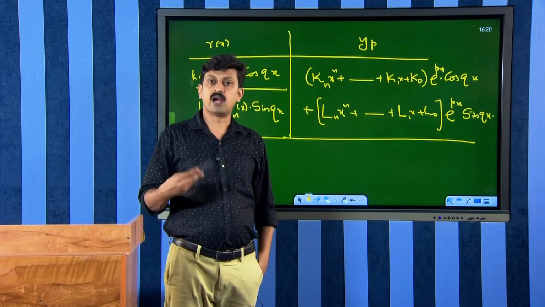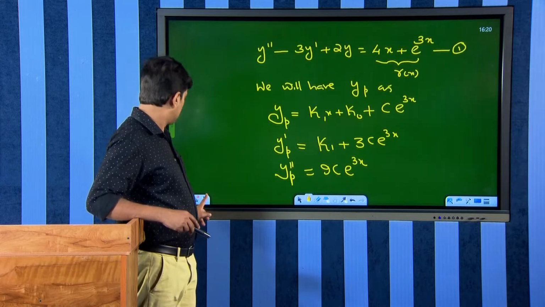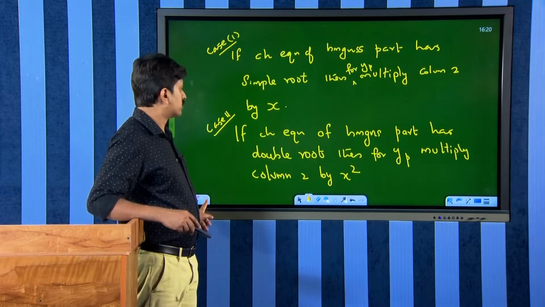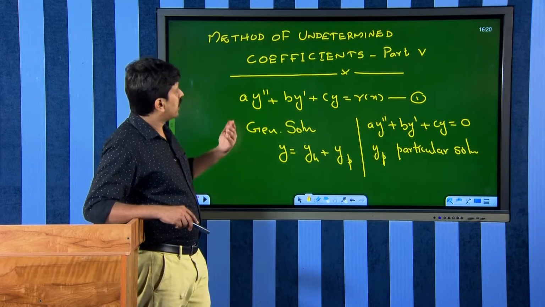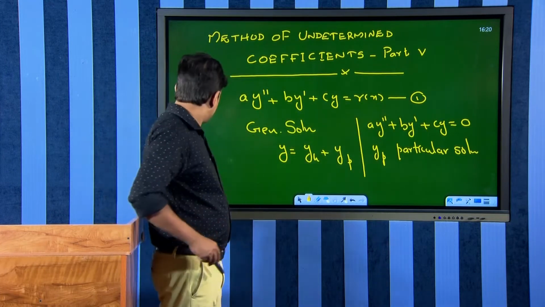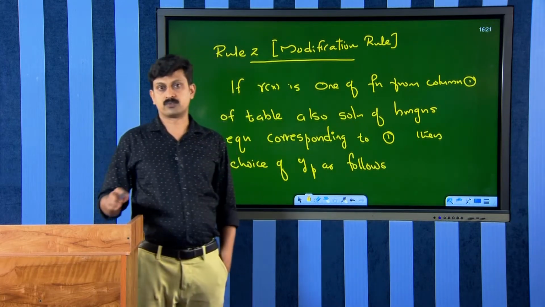Then we get a particular solution for that non-homogeneous equation by using the method of undetermined coefficients. In this part 5 we will discuss the modification rule.